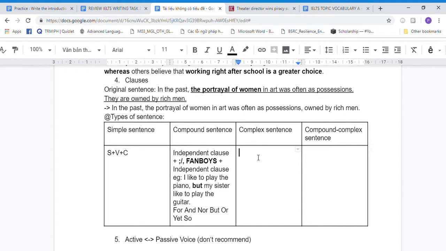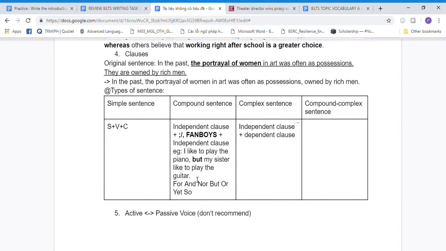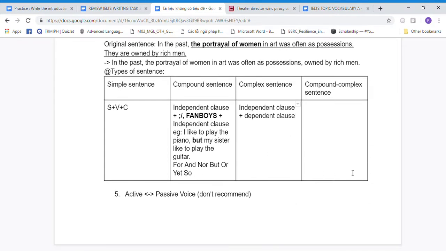Complex sentence. A complex sentence includes an independent clause and a dependent clause. If I haven't talked to you guys about independent clauses, I will remind you, like review a little bit.